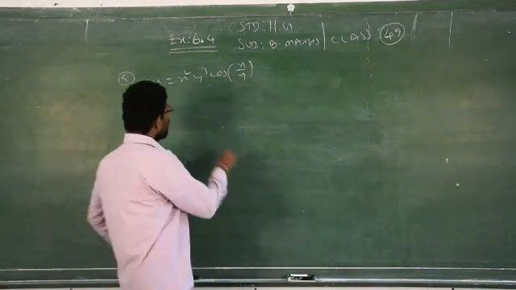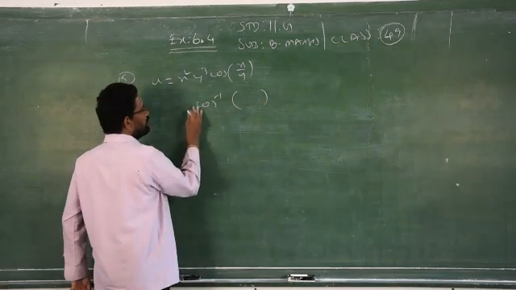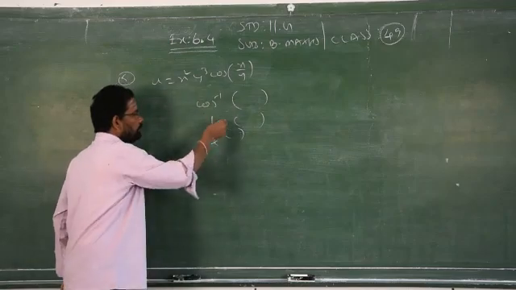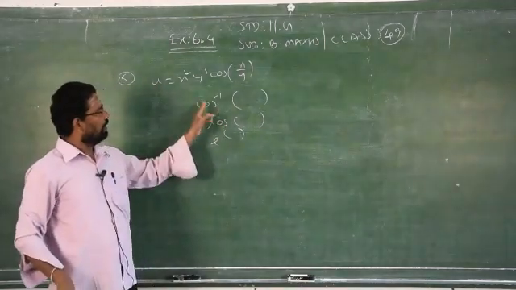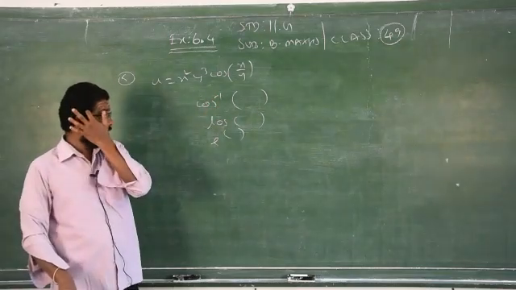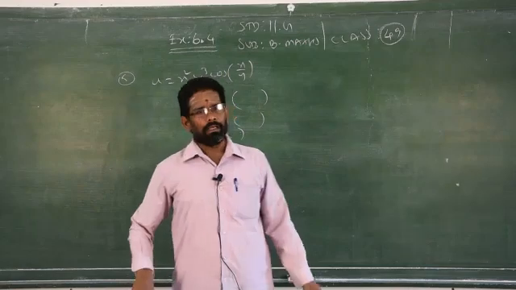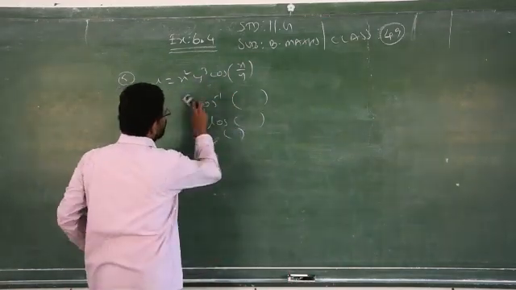Clear? If it is cos inverse or sin inverse, tan inverse or log of e power, so if the function is in terms of cos inverse, log e or any ratio format, then it is called a non-homogeneous function. But here cos is inside after the variable, therefore it is a homogeneous function.